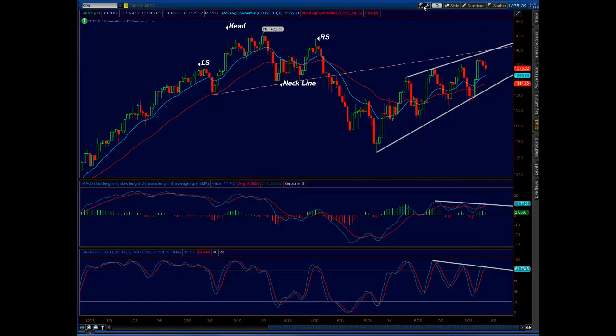But after the action of today, after what the Fed came out and had to say, their 2 cents, I don't think that we're going to have that push higher on the S&P cash. So bottom line is that we're going to be going lower.